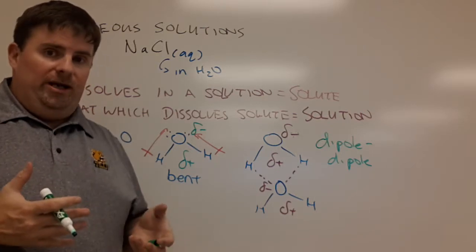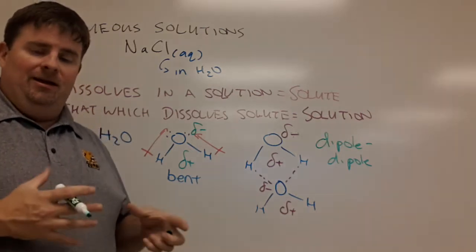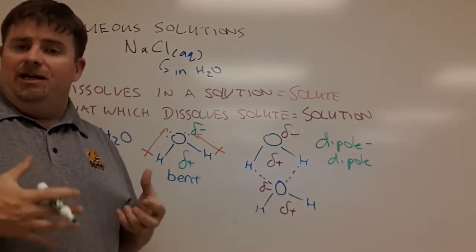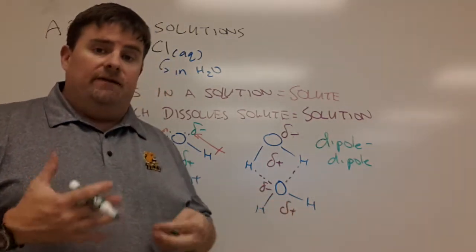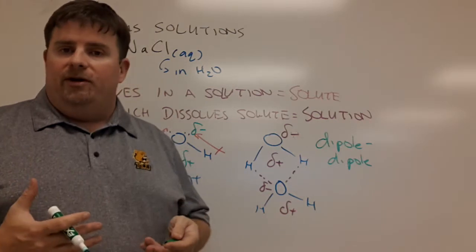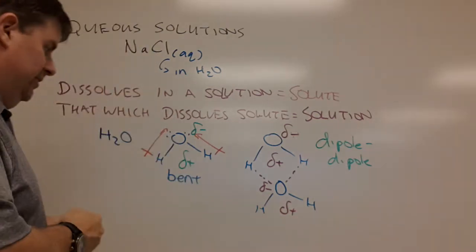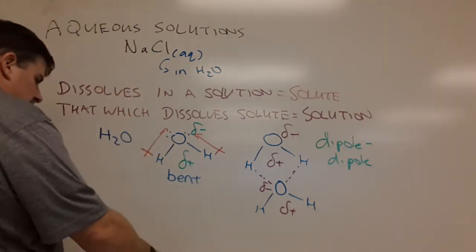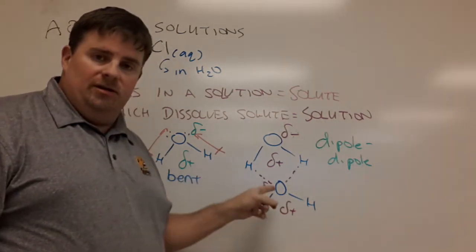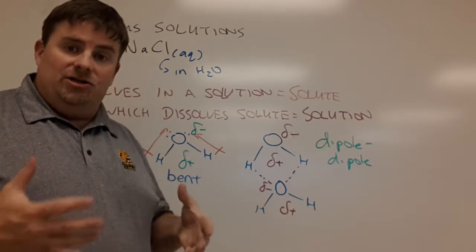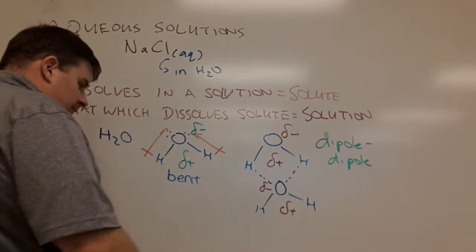The intermolecular interaction that we get, the stickiness, isn't strong. It doesn't have the full energy of a bond, but it does have a certain amount of energy, a strong amount of energy. And that energy is especially magnified between these hydrogens and this oxygen. And that magnification is something that we're going to call hydrogen bonding.